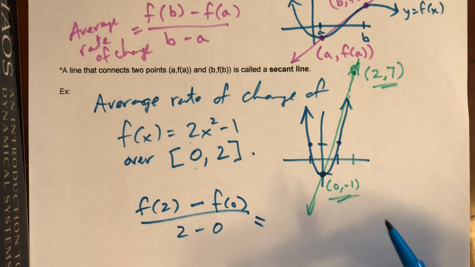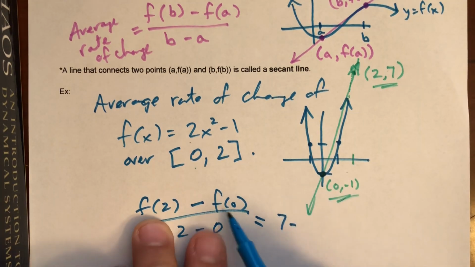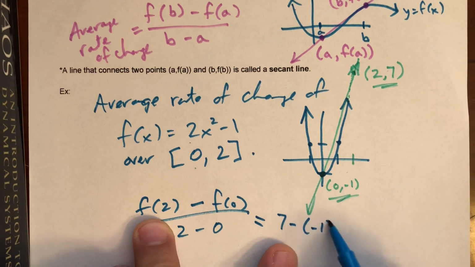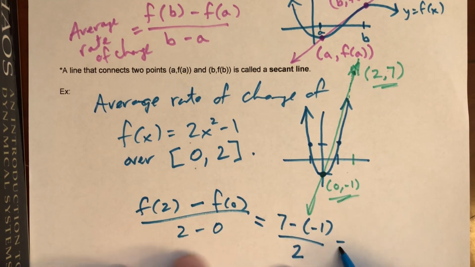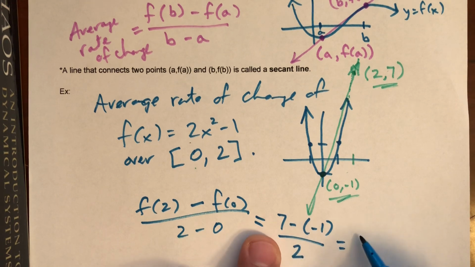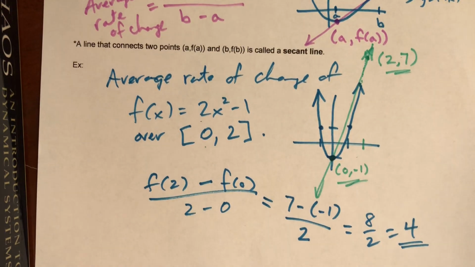So we can say that that's equal to, we know that F of 2 is 7 from our little scratch work. We know that F of 0 is -1 from our, again, little scratch work. And then we got 2 minus 0 is 2. So we've got 7 minus -1 is 8 over 2. So our average rate of change of that function from 0 to 2 is 4.